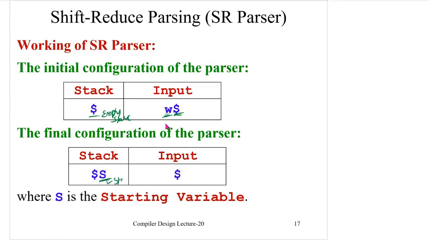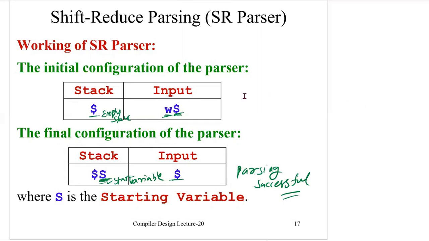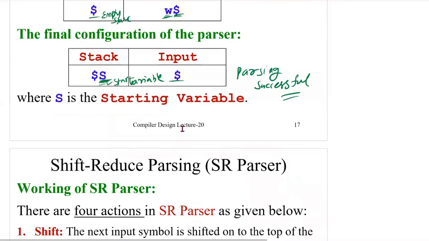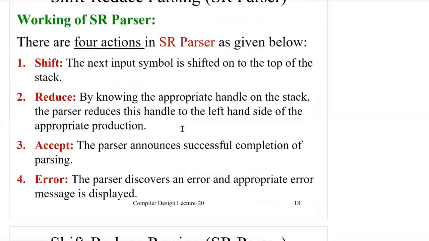Here we take an empty stack, and the input followed by dollar. For the final configuration, you must get the starting variable on top of the stack and the input empty. Then only can you say the parsing is successful. So from an empty stack you derive the starting variable on top of the stack, and the input is dollar. Then parsing is successful. These are the initial and final configurations of the shift reduce parser.